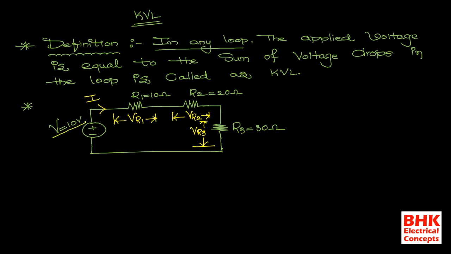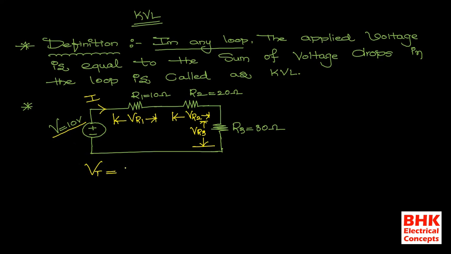We are applying the total voltage V equal to 10 volts, and we need to get the voltage drop across R1, VR1, the voltage drop across R2, VR2, and the voltage drop across R3, VR3.